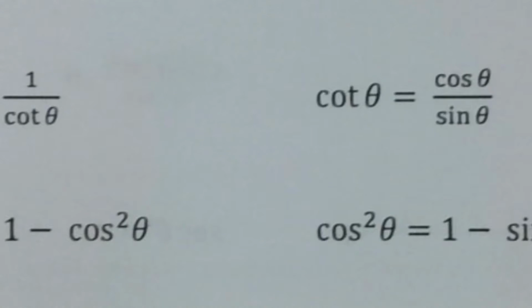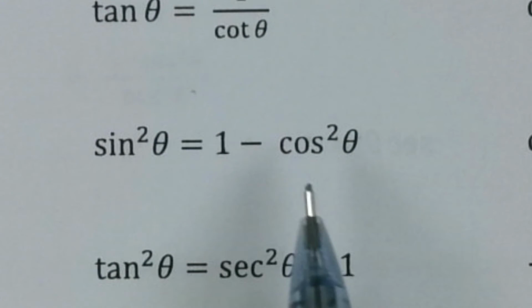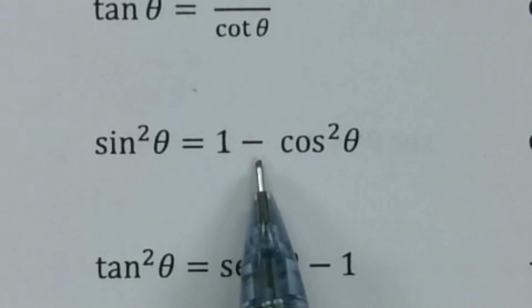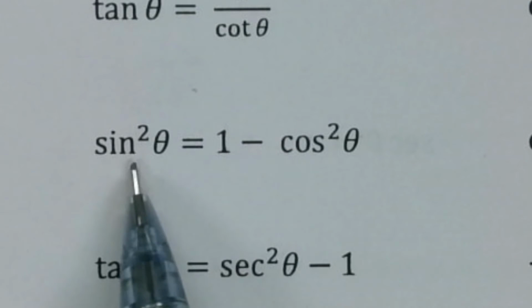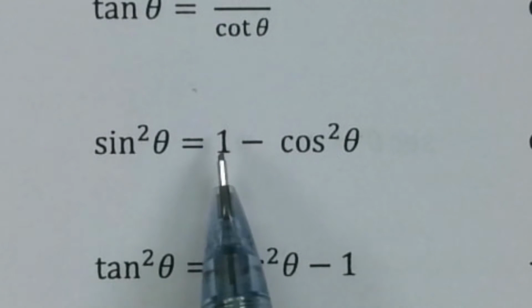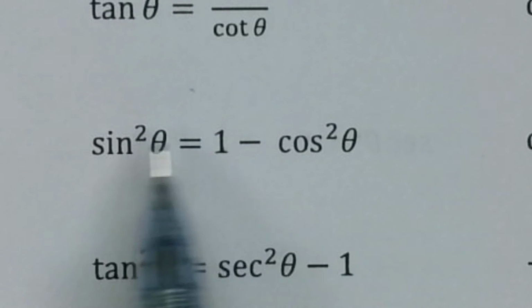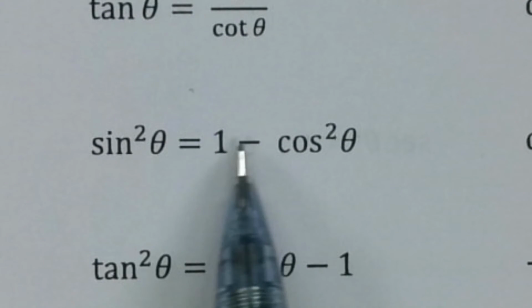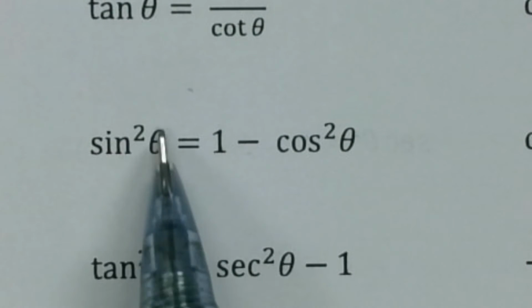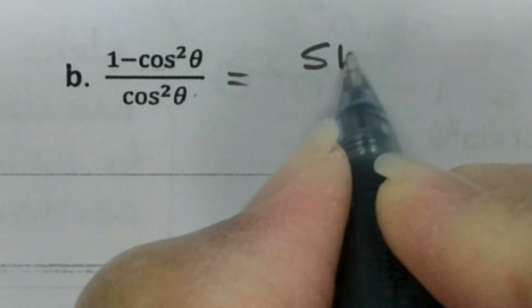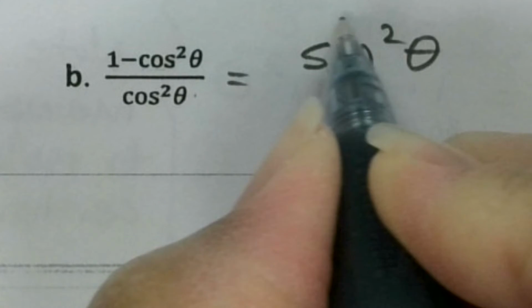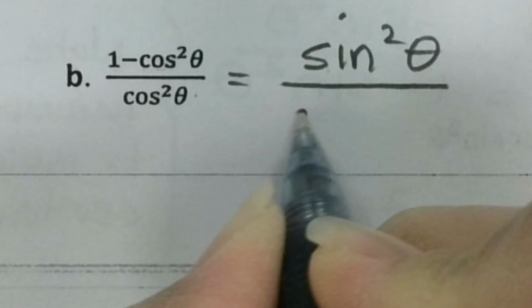Well, 1 minus cosine squared theta is right in the middle of our chart. 1 minus cosine squared theta equals sine squared theta. Remember, equals means they're equivalent, they're the same. So I'm going to replace 1 minus cosine squared theta with this new term, sine squared theta, over cosine squared theta. This is already a single term, so I'm just going to leave it.